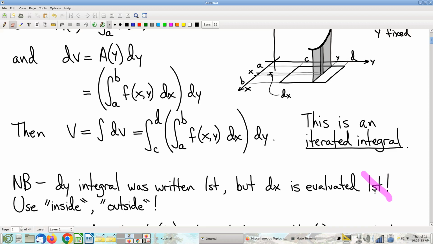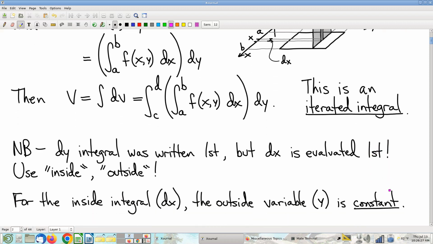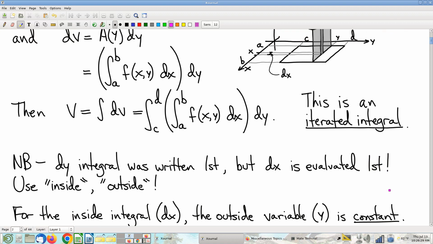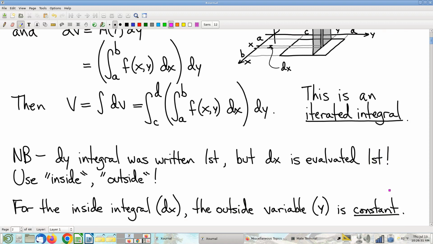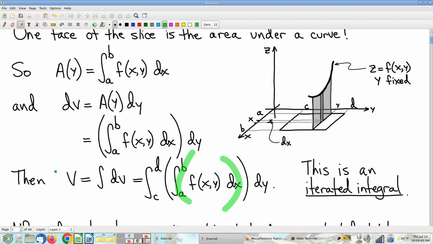Okay. Second thing to keep in mind, and this is easy to lose track of, but it's right here in the picture that we've drawn. While you are looking at this inside integral, remember, I'm going to call that the inside. What is that inside integral? That inside integral, after all, is this cross-sectional area.